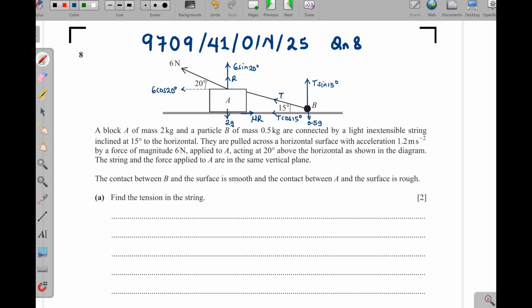Okay, now let's go. So let's look at what is happening on B here. Now this one is going this side, so our system is going this way.